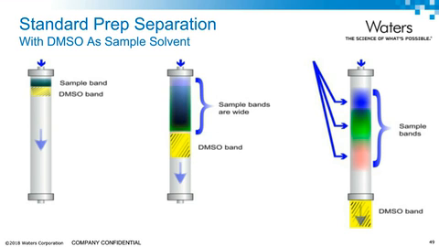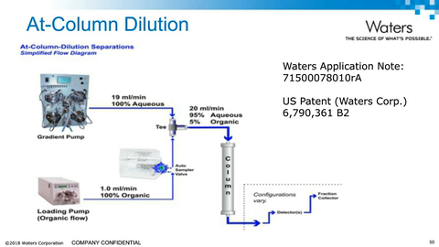With a simple plumbing change, we can convert our conventionally plumbed prep system to one that does at-column dilution. With the system configured for at-column dilution, we use a loading pump which is directly connected to the auto-sampler valve to carry the sample through the loop to one side of a T. That loading pump is pumping 100% organic solvent.